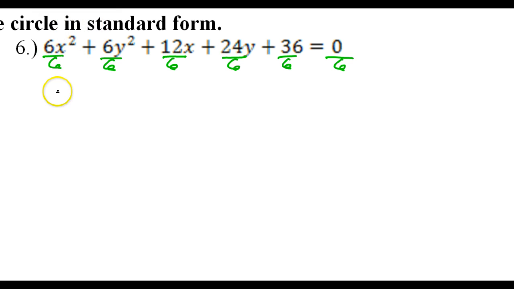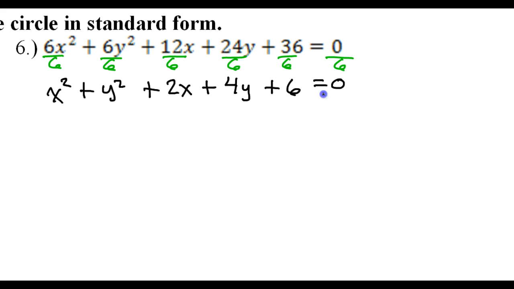Alright, so that's going to make this problem become x squared plus y squared plus 2x plus 4y plus 6 is equal to 0. Okay, now my x squared and y squared have no visible coefficient, so we're back to normal. So I'm going to put my x terms together like I've done before. So that's going to make x squared plus 2x. Now I'm going to put my y terms together. Leave a space, please.